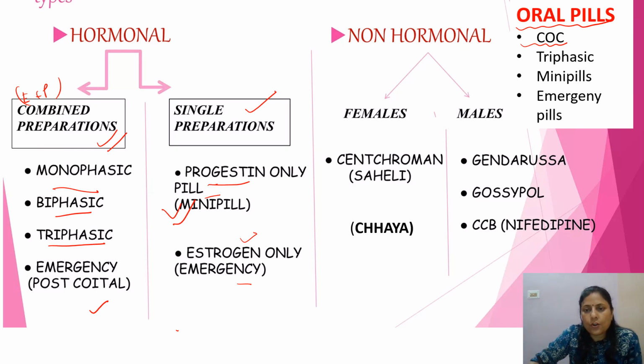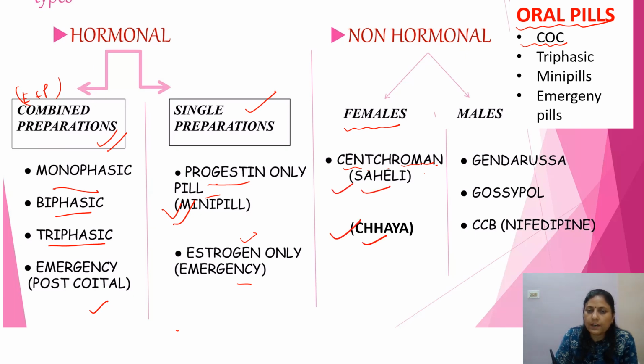Nowadays there are also certain non-hormonal contraceptive pills, which have the great advantage that they don't contain any hormones. These non-hormonal oral contraceptives for females contain centchroman. This chemical is present under the trade names Saheli and Chhaya.